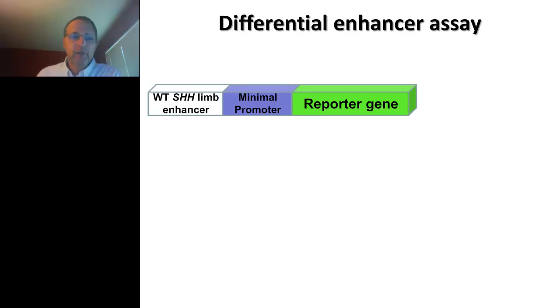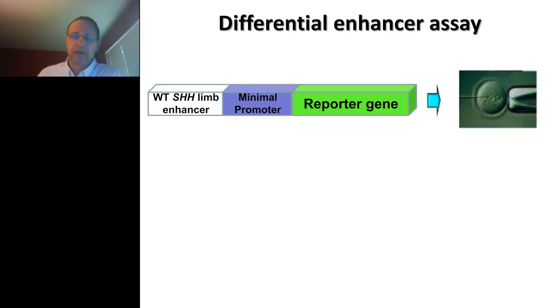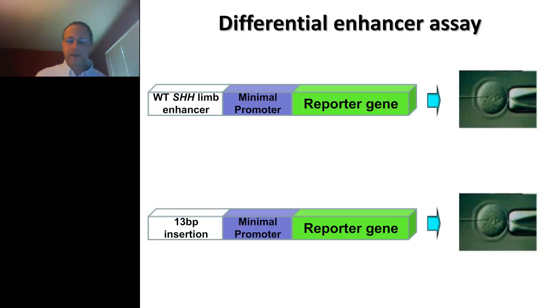And so we can take the wild-type sequence, as we do here for this enhancer, and in this case generate transgenic mice, and see where this enhancer is expressed, expecting it to be expressed in the limb, similar to what I've shown you before. And then we can also take the 13 base pair insertion mutation right here.